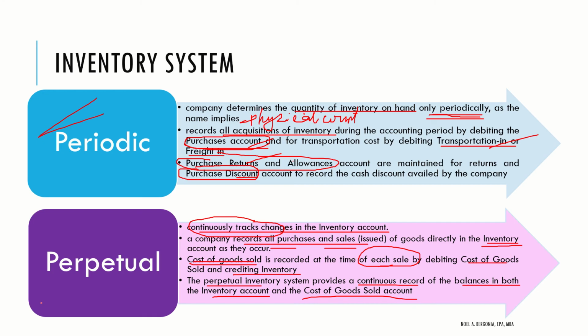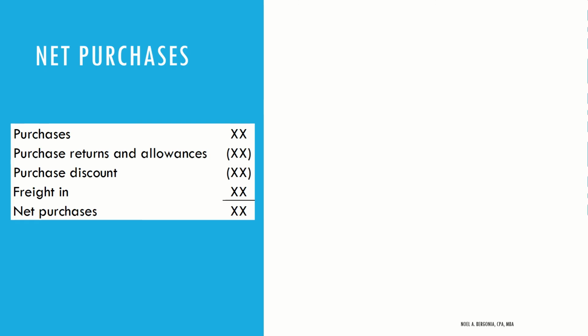Okay? So let's start with the periodic inventory system, purchases. Kanina, in our computation for cost of goods sold for the purposes of periodic, nakalagay po doon we have net purchases. So ano nga po ba yung net purchases?